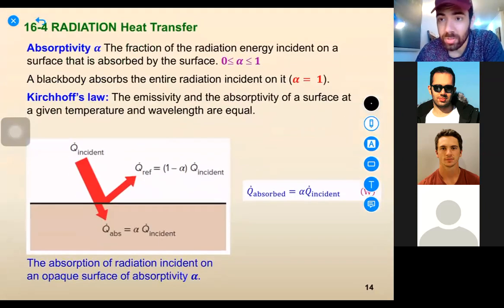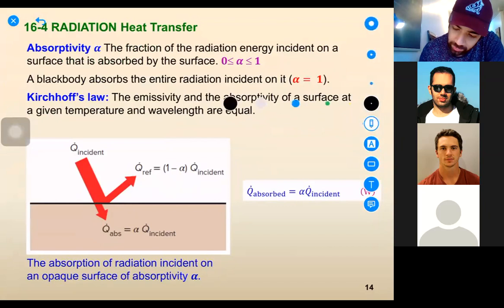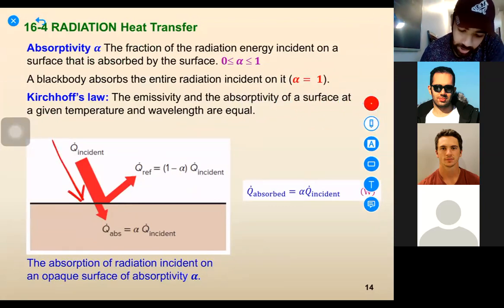So as you see in the problems, you have to know that the heat radiation coming from, for example, the sun is not totally absorbed.